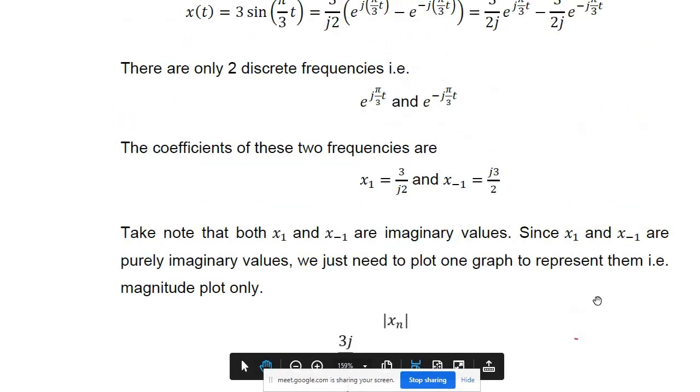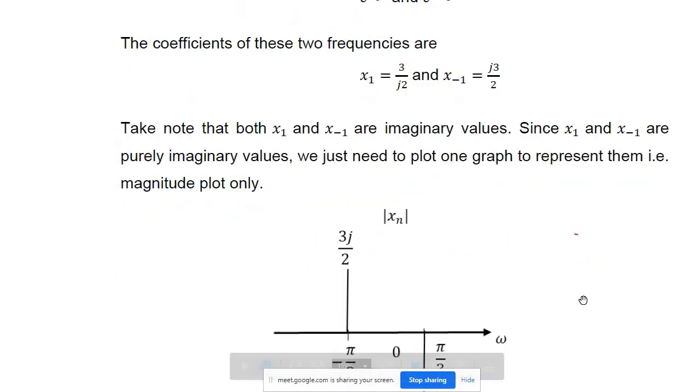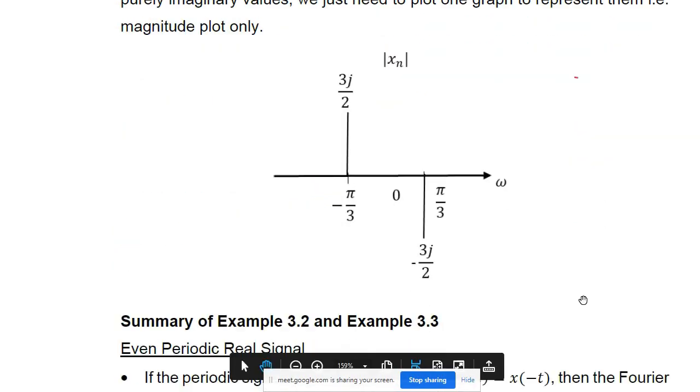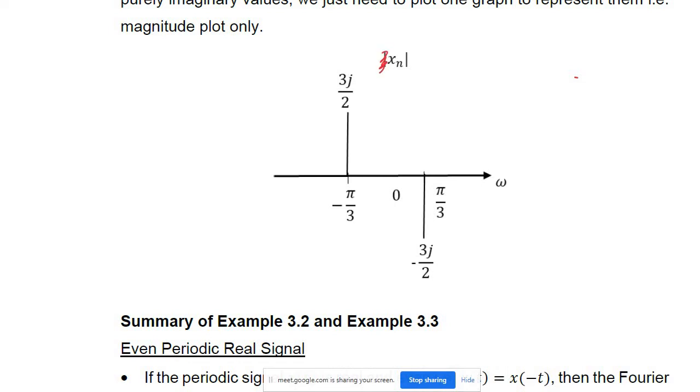Just now, as you understand what I'm talking about, right? For example 3.3, you can look at your notes. But for the correction, you can change this one. This one is not the modulus, this one is just X_n only. If it is the modulus, it will look like this.